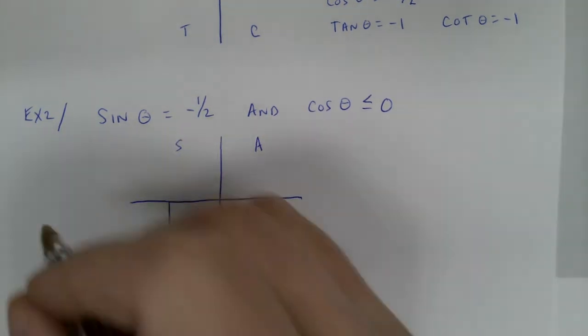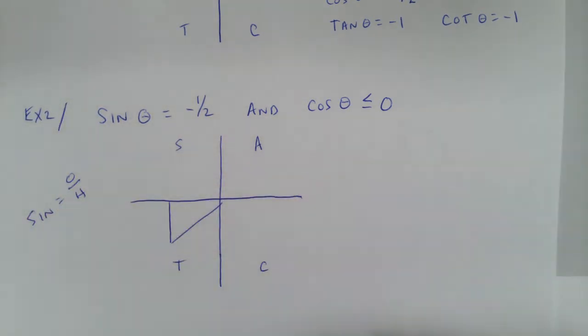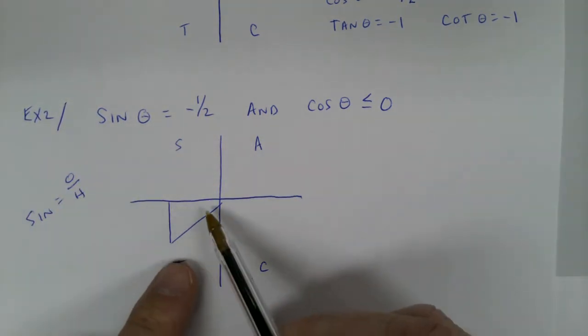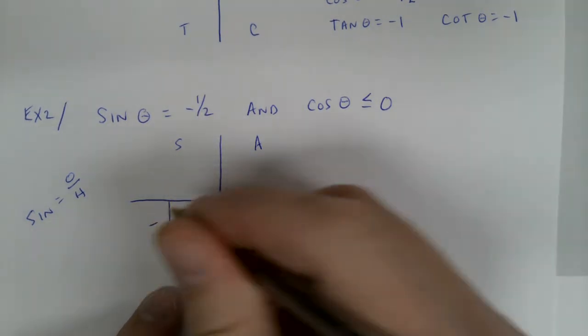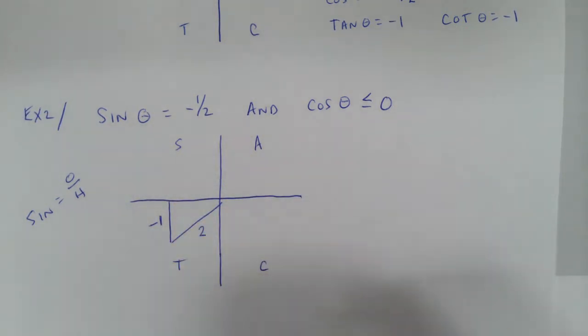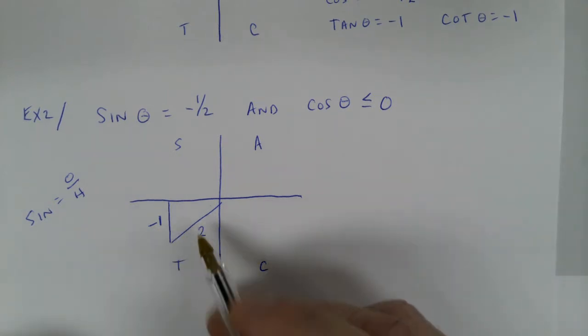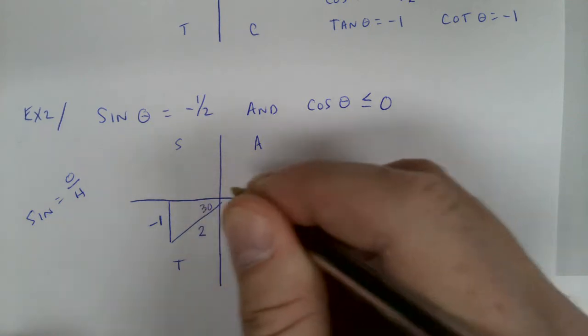We know that sine is opposite over hypotenuse. So with relation to alpha, opposite is going to be the 1, which is going to be negative 1, and the hypotenuse is going to be 2. In this relationship in a right triangle, this is going to be a 30, 60, 90. So there's my 30.